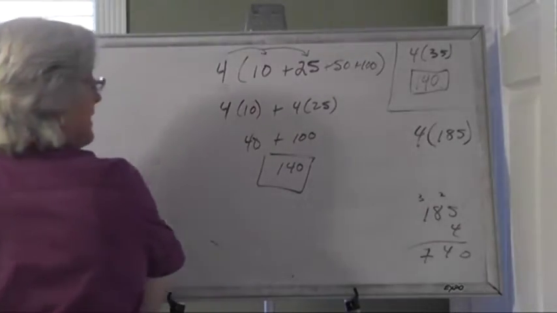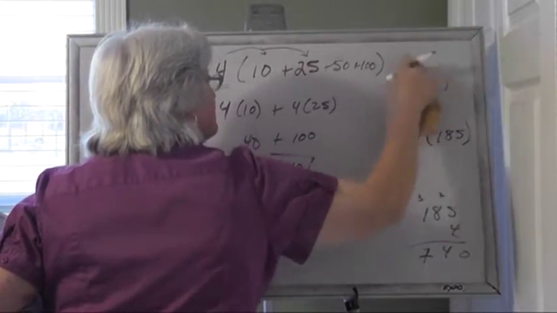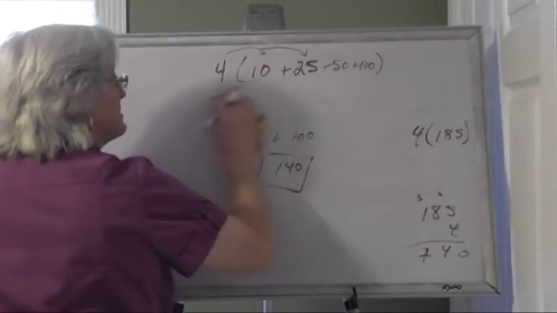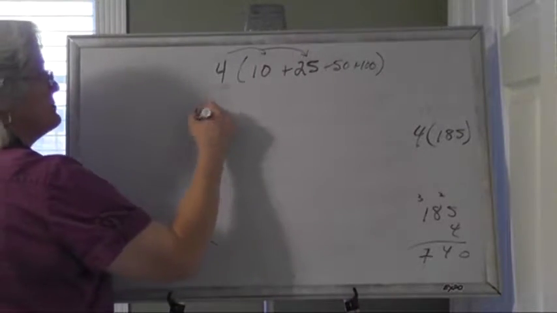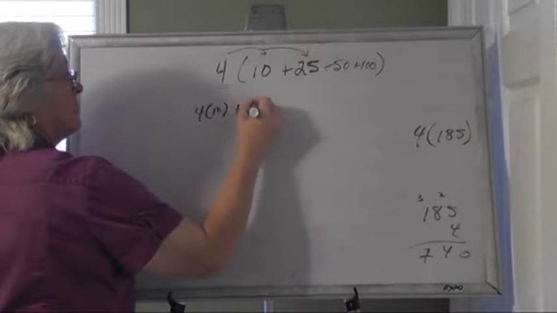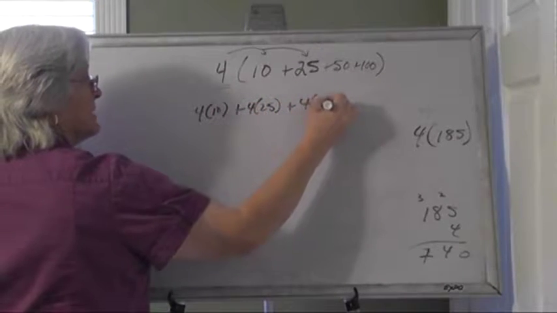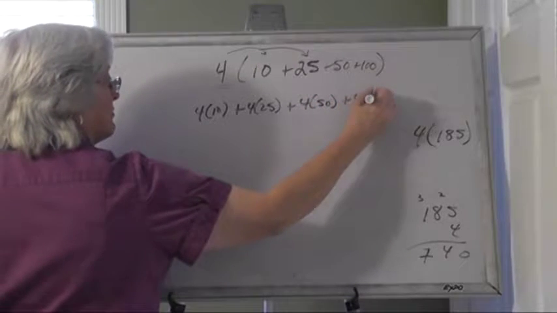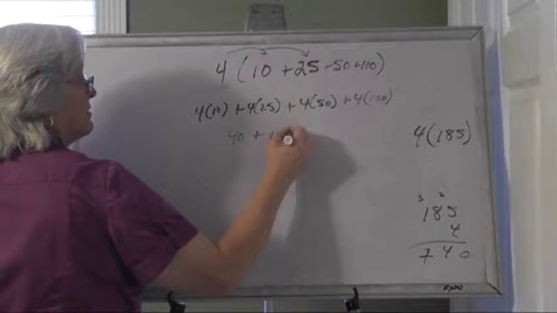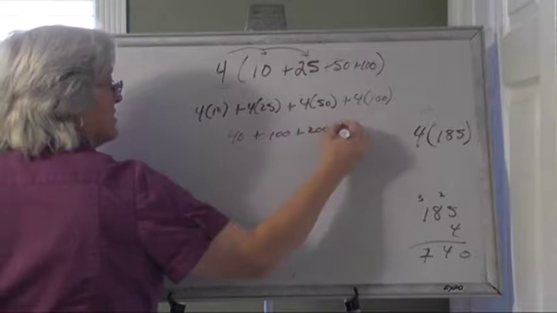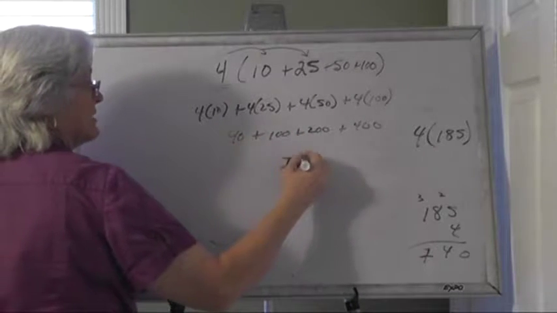Now, let's go ahead and use our distributive property and see what we end up with. Well, we have 4 dimes, and we have 4 quarters, and we have 4 50-cent pieces, and we have 4 dollar coins. 40 plus $1 plus $2 plus $4. 4, 5, 6, $7.40.